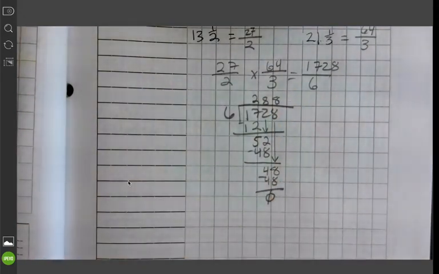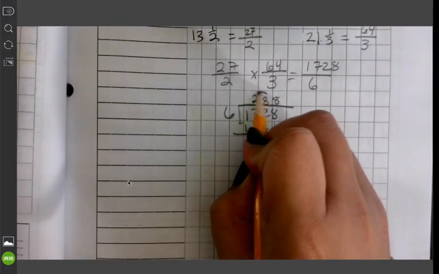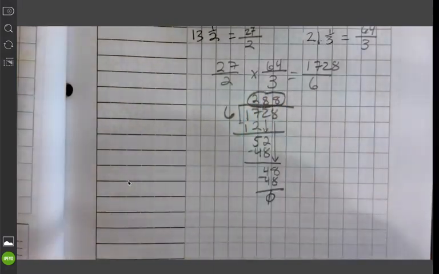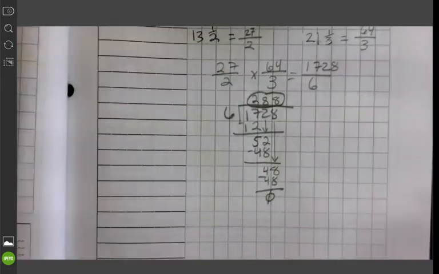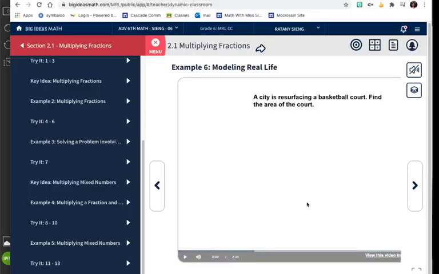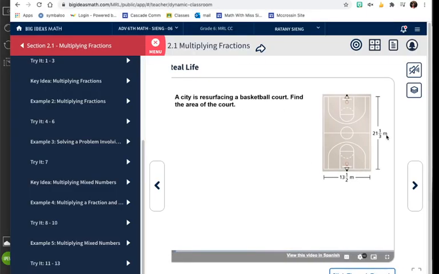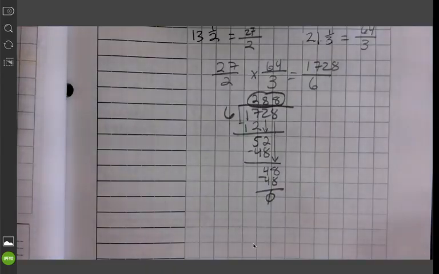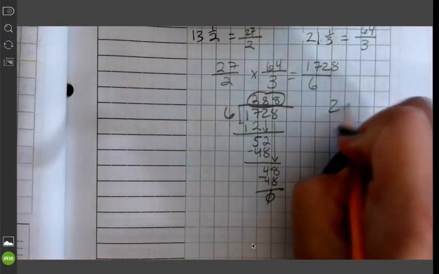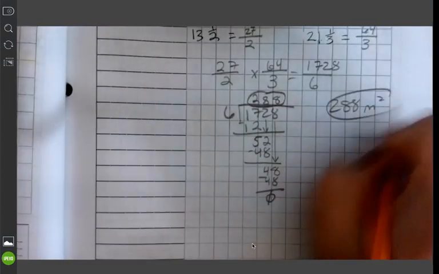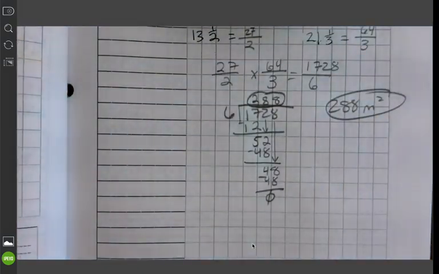No remainder. So the area of our basketball court is actually 288, and I believe it was meters. So it's 288 meters squared is our area of the basketball court, right?